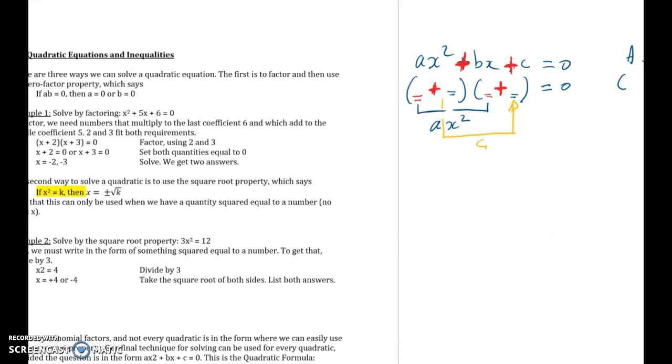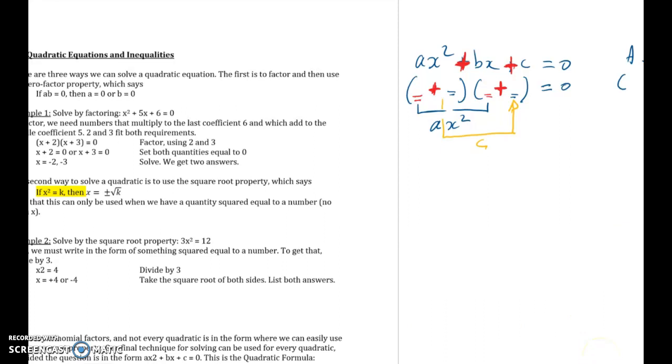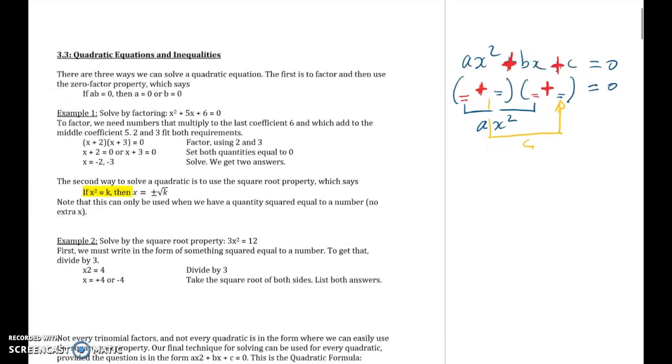Then the only thing you have to do is check your middle term. If your middle term is equal to what you need to have, you find the right factorization. In example number 1, you have x plus 2 times x plus 3 equals 0. Therefore, x equals negative 2 and x equals negative 3 are the two solutions of x squared plus 5x plus 6.